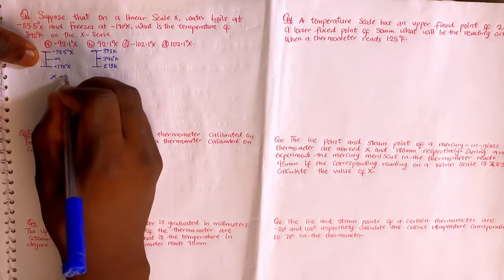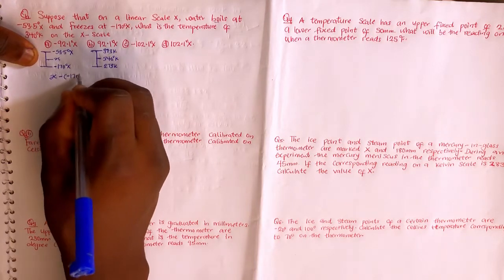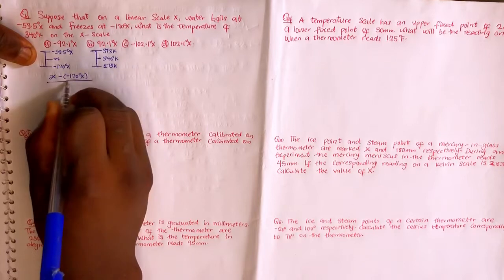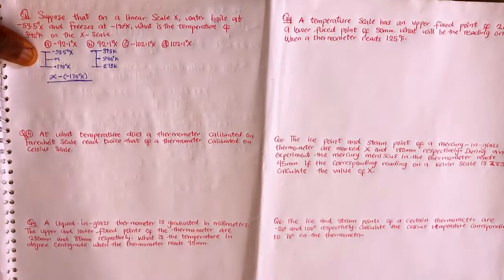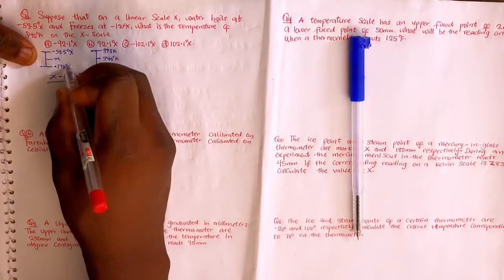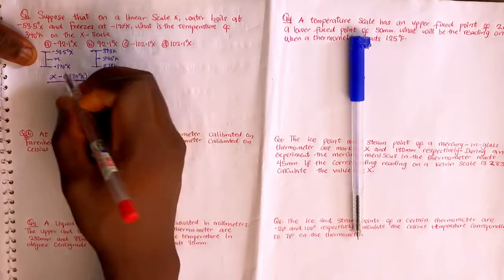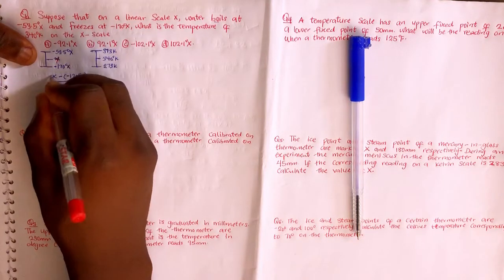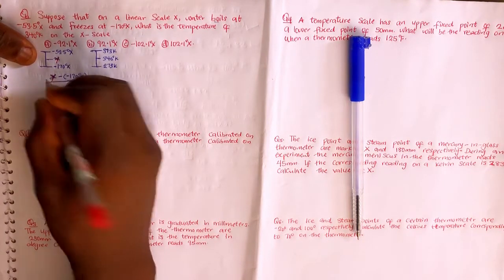That will be minus into bracket minus 170 degree x. Can you see it now? So divided by, in this case, I'm sorry, I don't want to use x because I'm actually having x in this. So let me just call this one y, so that it will not confuse us.